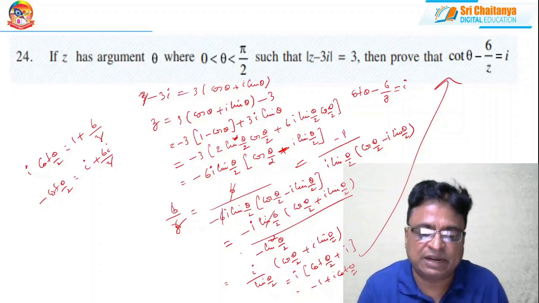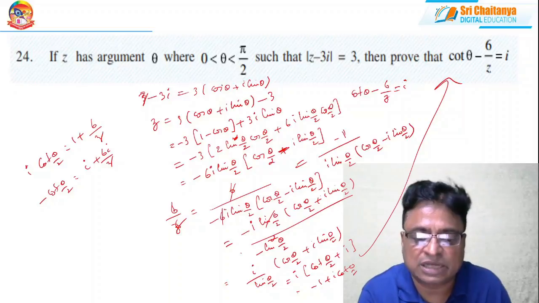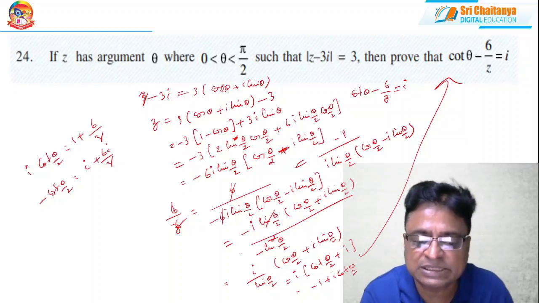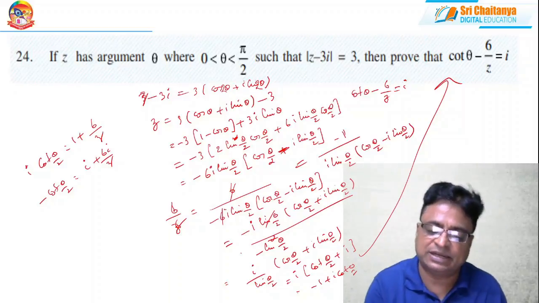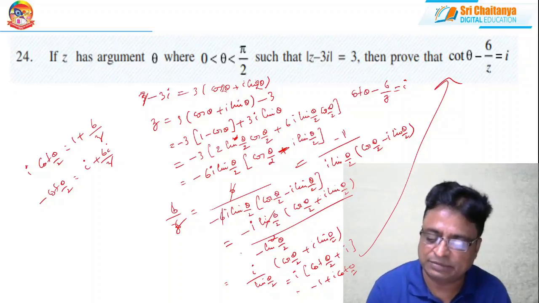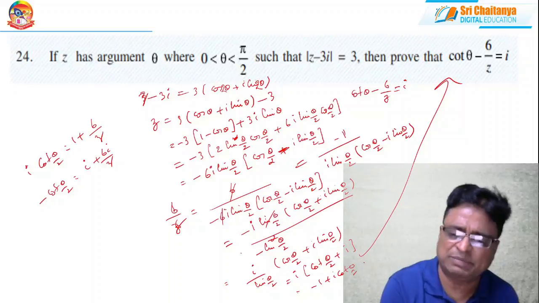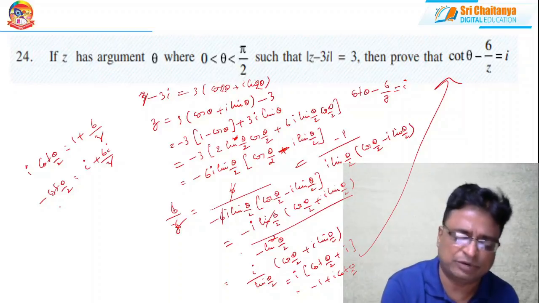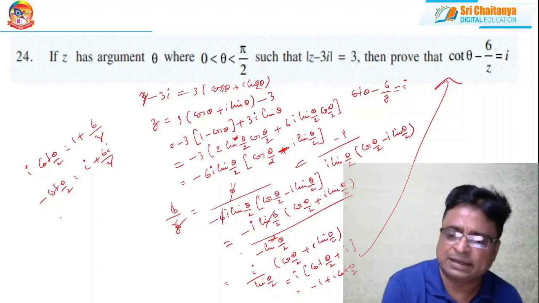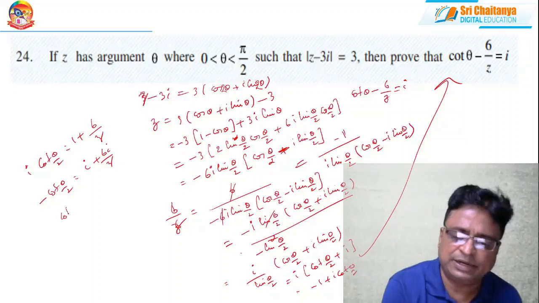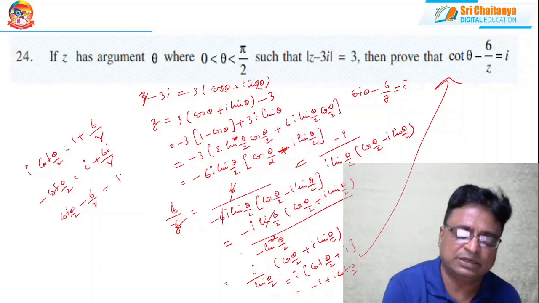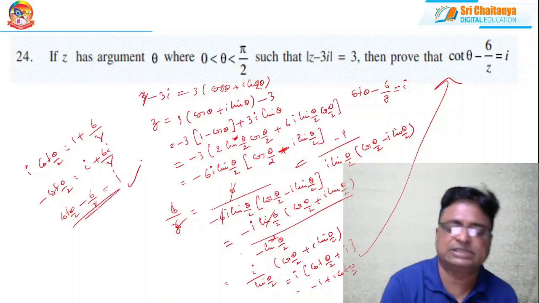So better if I have taken this as cos 2 theta plus i sin 2 theta, then you can get the answer very easily. So it becomes theta. So that also you can replace. That's nothing to worry. So this is cot theta by 2 minus 6 by z. If I have multiplied with i on both sides, again I can get this as the answer.